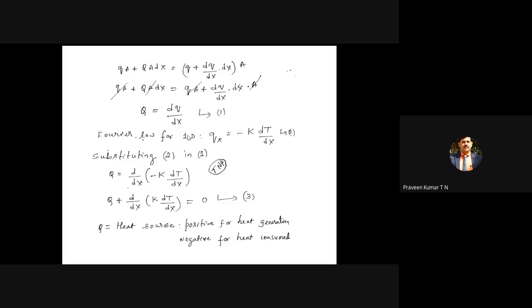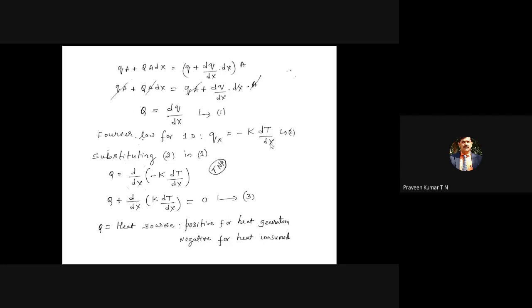But if you go for the Fourier law of heat conduction, for 1D heat conduction we have qx equal to minus K into dT by dx. Normally you refer to it as K A del T by L. In most derivations, even in finite element analysis, del T is replaced by dT.